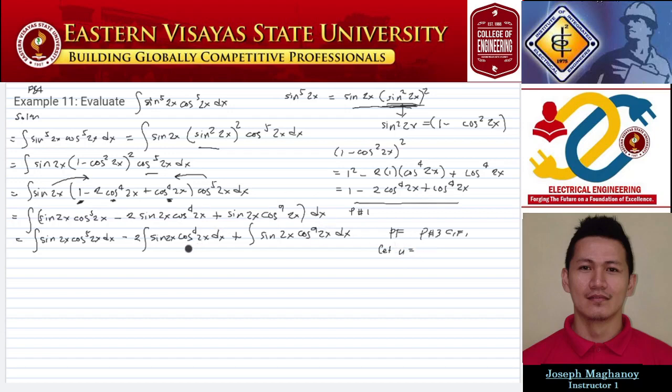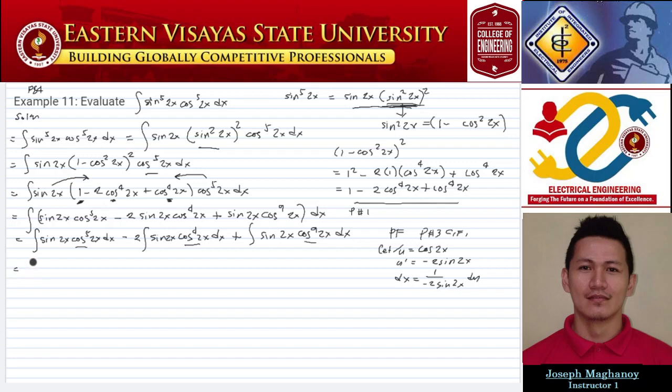We'll choose cosine 2x since it's common to every term. If we get the first derivative of cosine 2x, it is negative 2 sine 2x. Therefore, our correction factor is dx equal to 1 over negative 2 sine 2x du. Then we can apply our correction factor and replace cosine 2x with the letter u, since that's the letter that we chose.